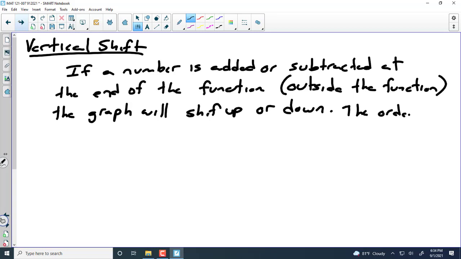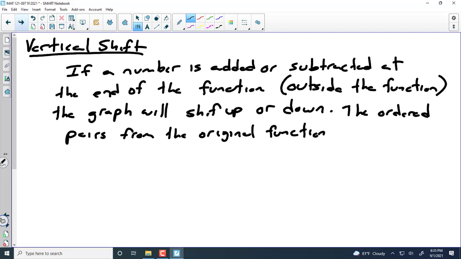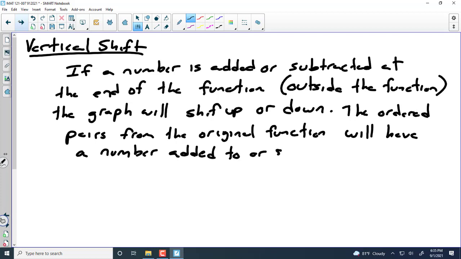The ordered pairs from the original or parent function will have a number added to or subtracted from the y value.